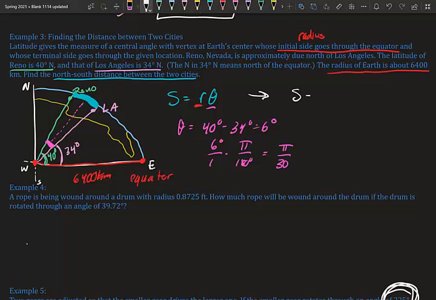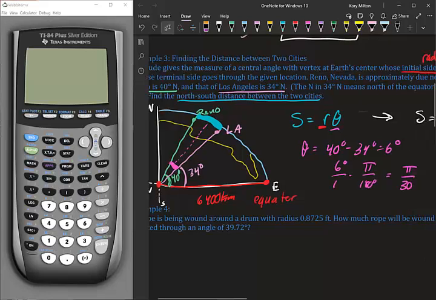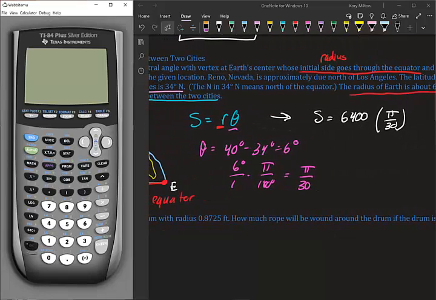We have S equals our radius, which is 6,400, times our theta, which is pi over 30. We plug it into your calculator exactly the way it looks. Alright, so let's plug this into our calculator. We have 6,400 times pi over 30.